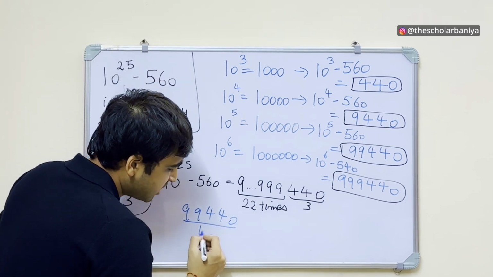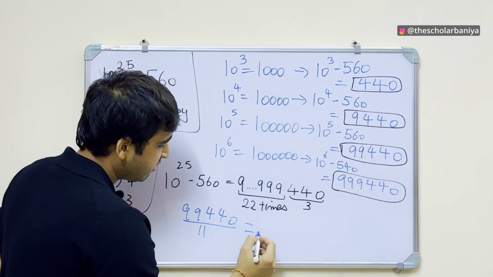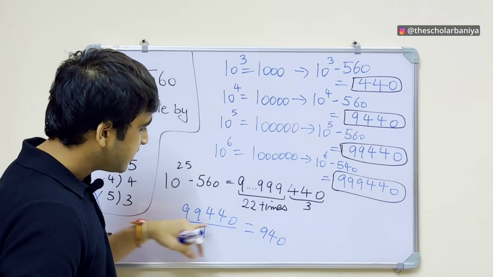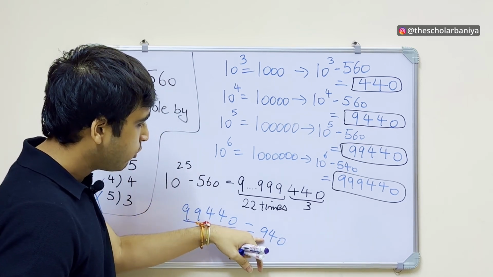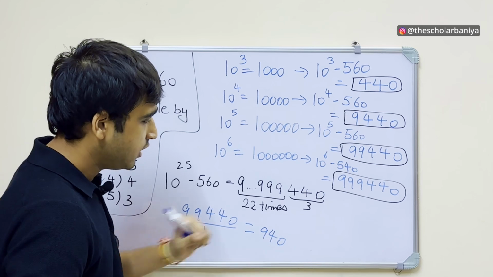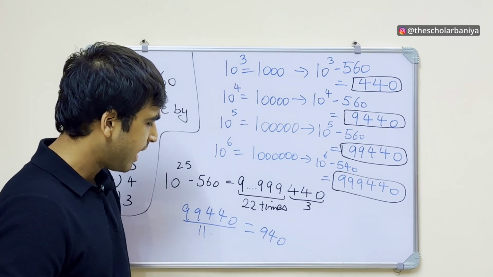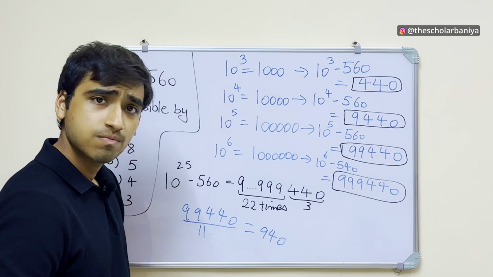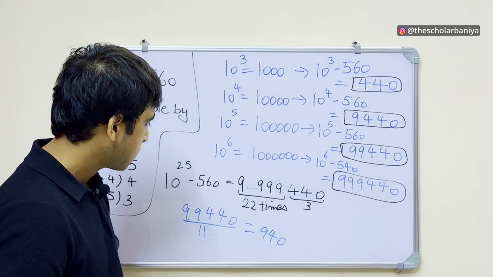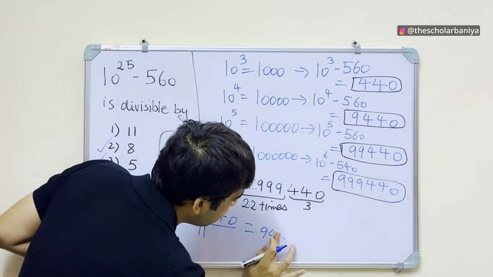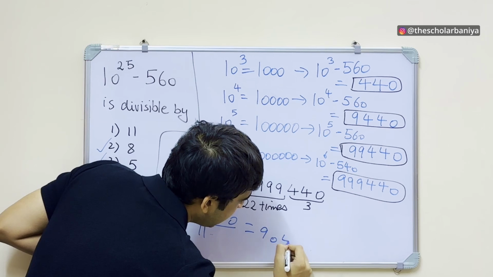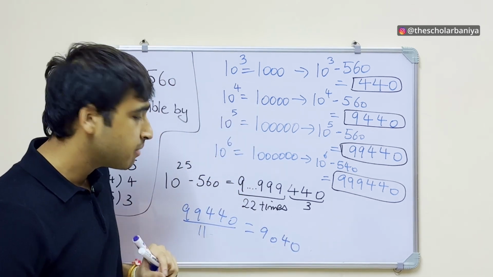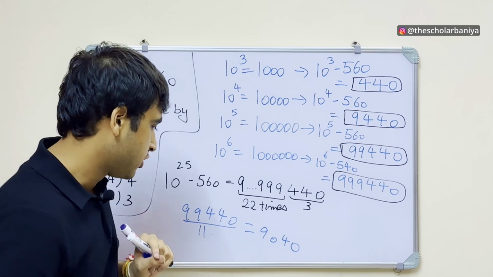If we divide this by 11, what will be the answer? Because 11 nines are 99, 11 fours are 44, and 0. Sorry, this will be 9040, exactly. So if we divide this number by 11, it will be 9040.